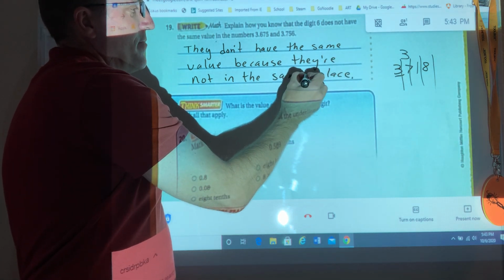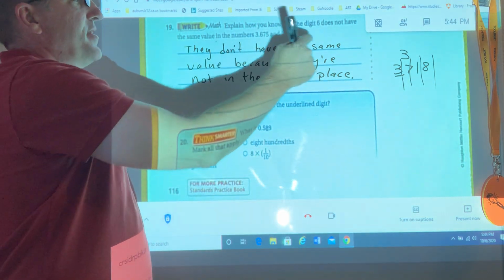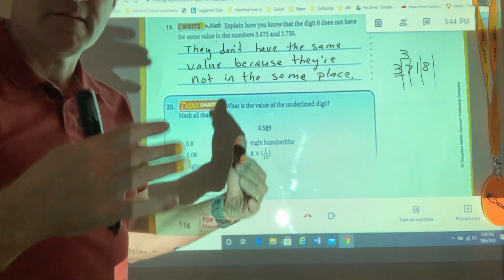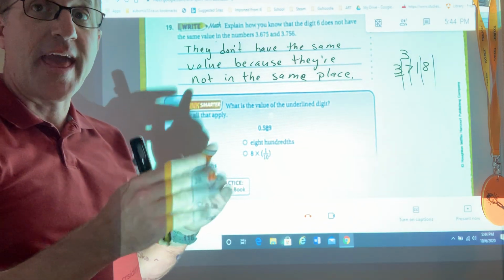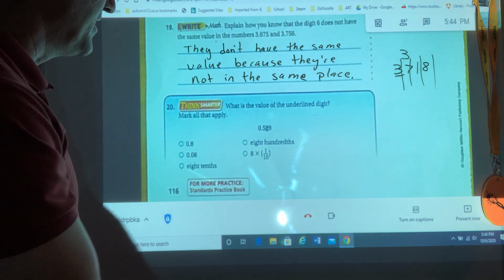All right, so forgive my penmanship, but they don't have the same value because they're not in the same place. Place value. Numbers to have the same value have to be the same number, right, and in the same place.